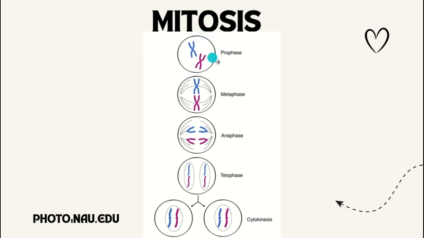This diagram doesn't really show it, but the centrosome is going to be at opposite ends of the cell, and that's going to happen while the chromosomes become condensed. So that's really what's happening in prophase for the most part, right? And the reason why they're becoming condensed is because before they were not condensed, they were decondensed, they were not showing. And now they're showing, so they're condensed. So that's prophase.